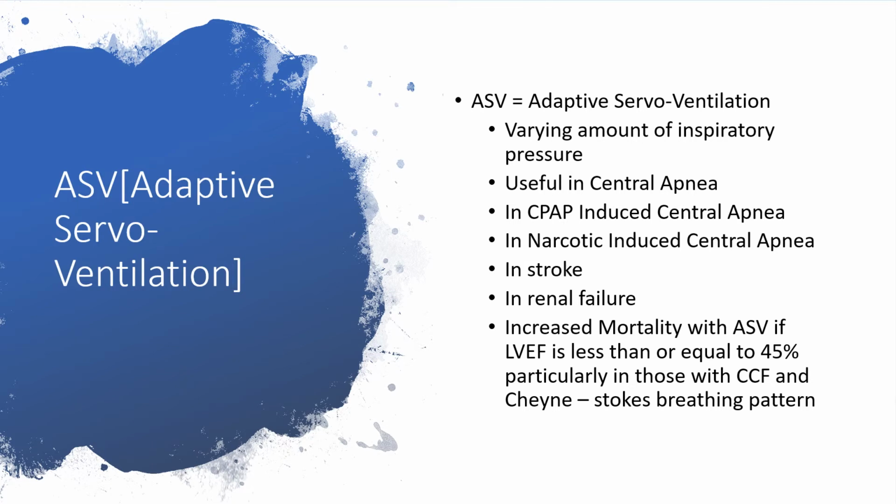There will be increased mortality with adaptive servo ventilation if we have left ventricular ejection fraction that is less than or equal to 45%, particularly in those with congestive cardiac failure or congestive heart failure and with Cheyne-Stokes breathing pattern. Cheyne-Stokes breathing pattern is tagged as central sleep apnea.